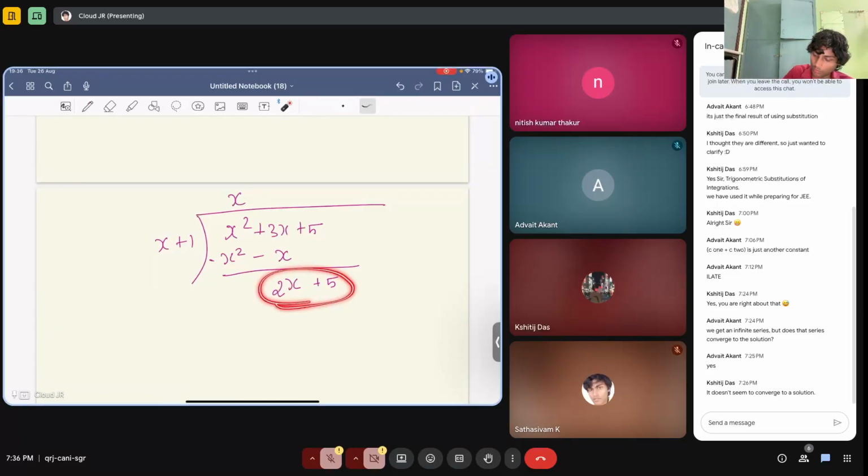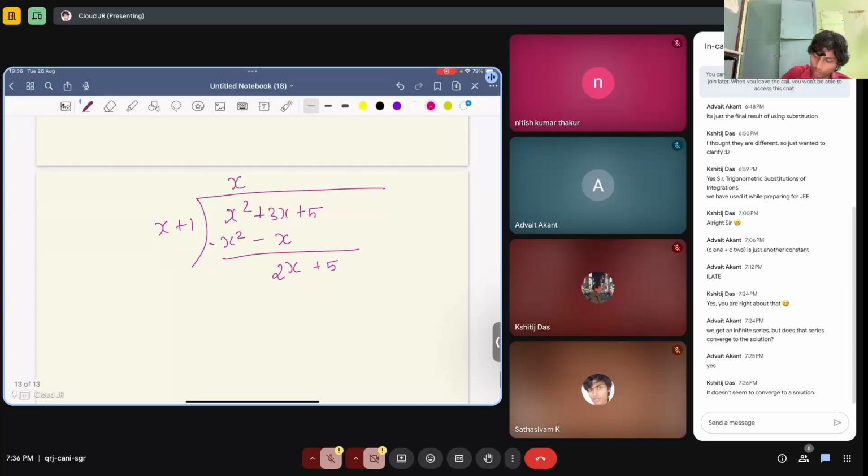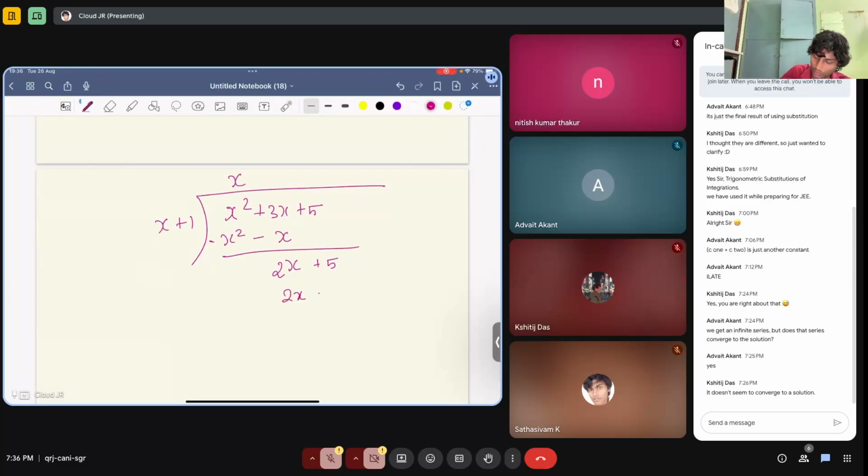Now this term also, we can again divide this term by that term. So let's divide this. This will be 2x plus 2. I'm doing 2 times this, and then I'm subtracting from the remainder.